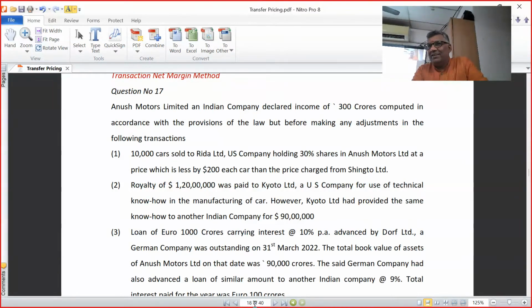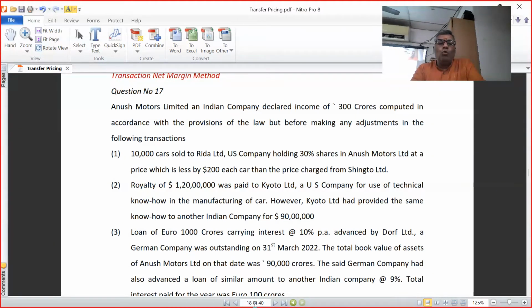Directly given. இதுதான் transaction net margin உடைய பெரிய benefit. So they are associated enterprise. $200 ஒரு காருக்கு they have sold less. I need to increase.